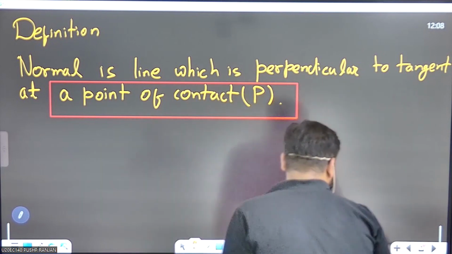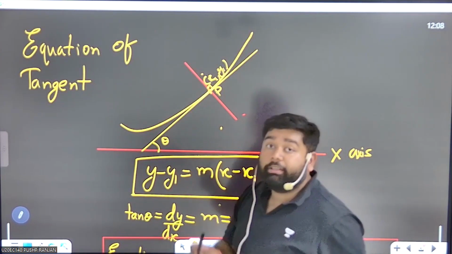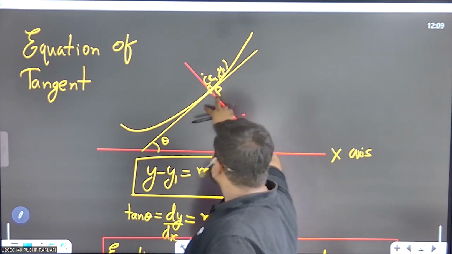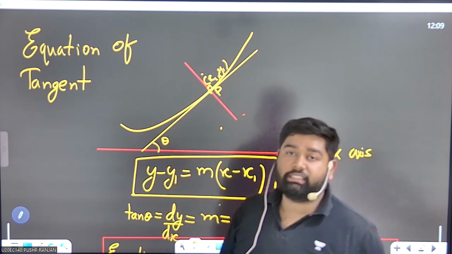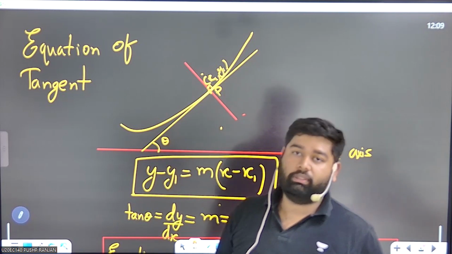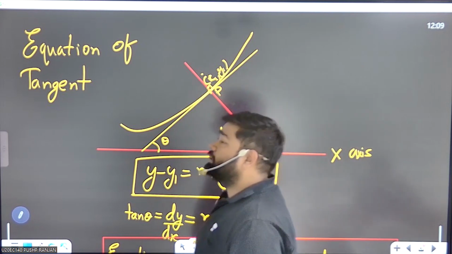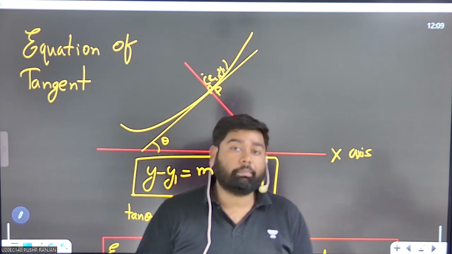Then let's go back to what we will write as the equation of the normal. As we can see, the slope of the tangent we have taken as m. What was that? dy by dx. And we also know the relation of the slopes of two perpendicular lines.